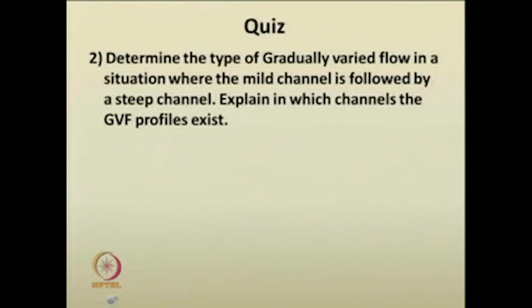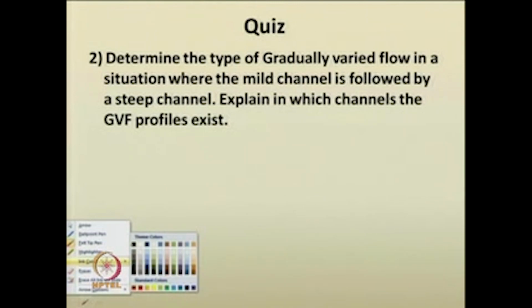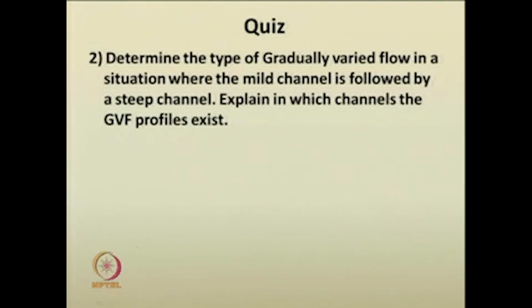Your next question, you are asked about gradually varied flow in a mild channel followed by a steep channel. Your critical depth lines are the same. Here the mild channel will have normal depth y n 1, and here the normal depth will be y n 2.